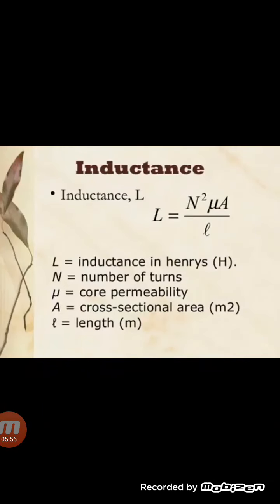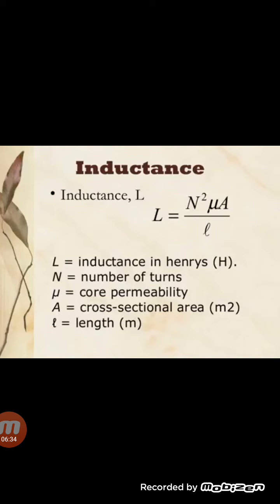So it is very important to understand that inductance is N squared mu A over L, and all these quantities we have seen in the inductor. L is the length of the inductor, A is the cross-sectional area, N is the number of turns, and mu is a constant, right? So this inductance is directly dependent upon N squared, the number of turns squared, the cross-sectional area, and the length.